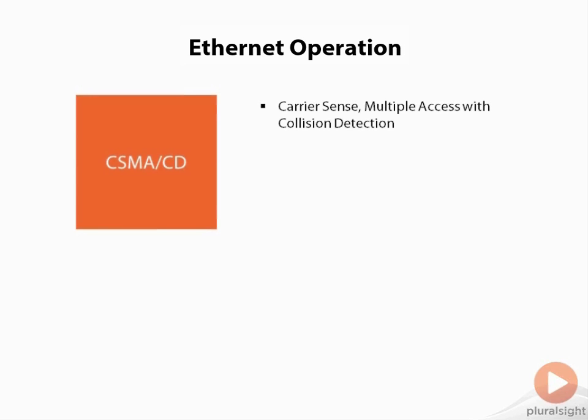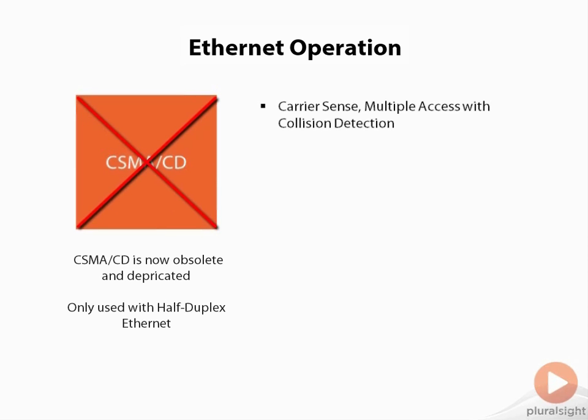Collision detection will discard corrupt packets or frames and wait a random amount of time before retransmitting them. Bear in mind that CSMA/CD is a deprecated technology and is only used for backwards compatibility on half-duplex Ethernet. Full duplex Ethernet no longer requires CSMA/CD.